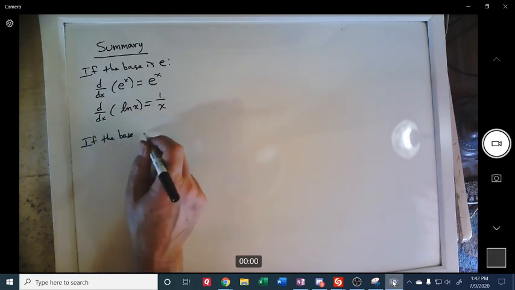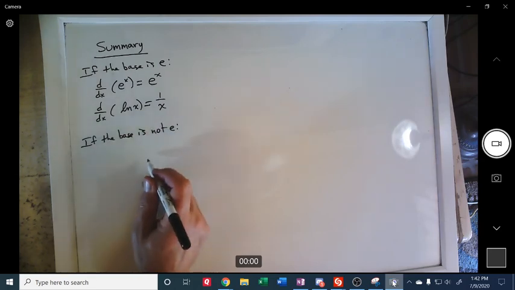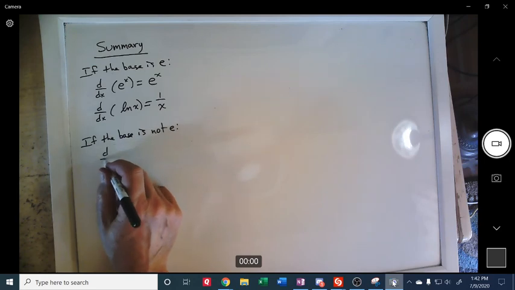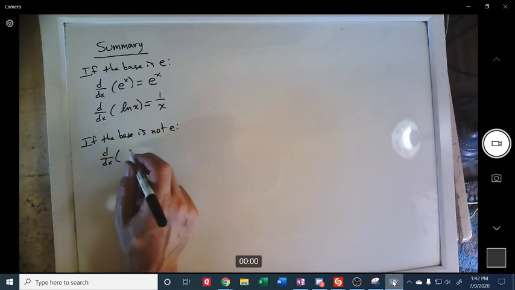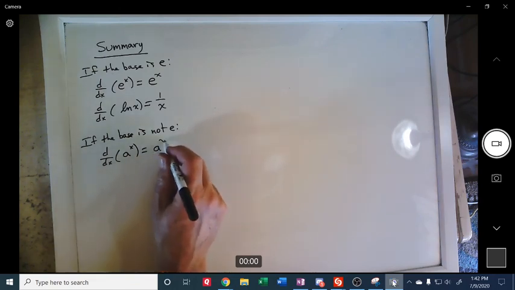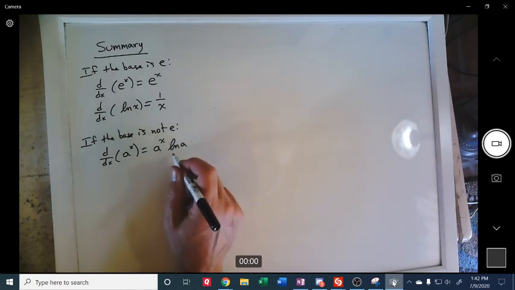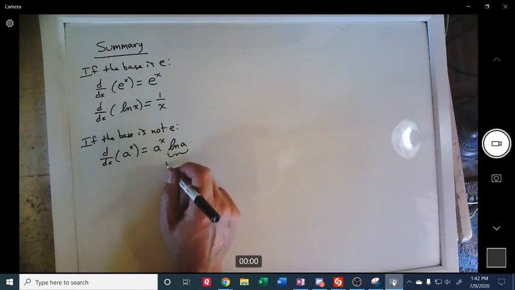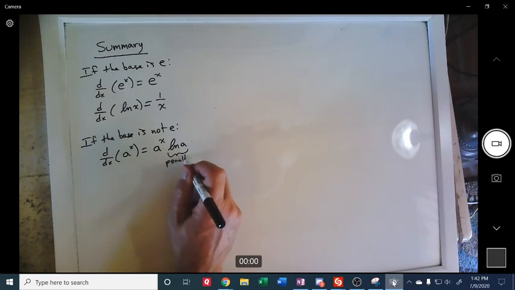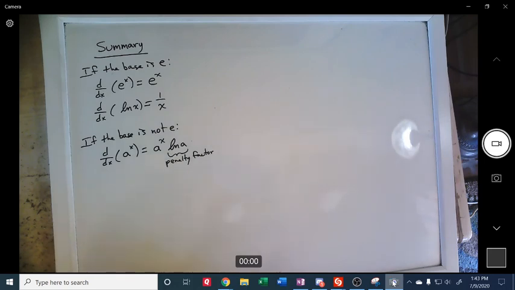If the base is not e, then the rule changes. d dx of a to the x is a to the x times the penalty factor ln a. I think of that as the penalty factor. It was supposed to have a base of e, it didn't, so we've got to tag that on.